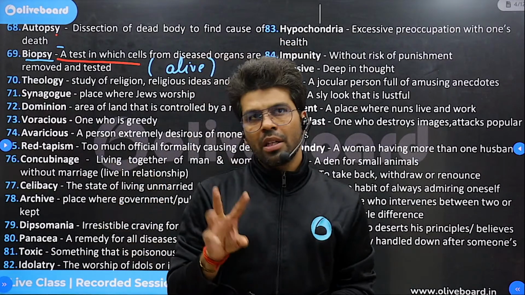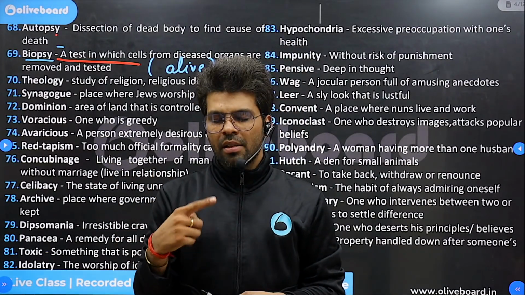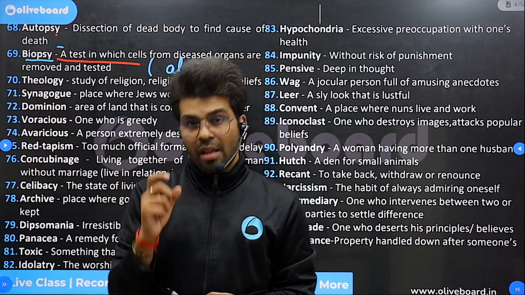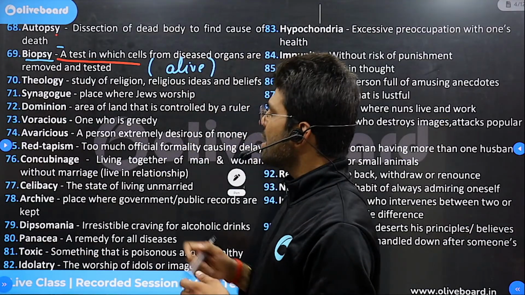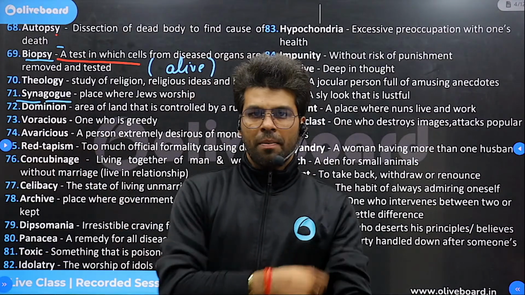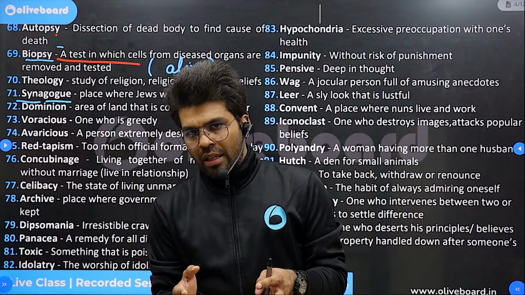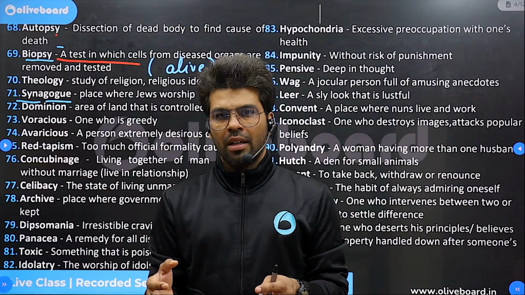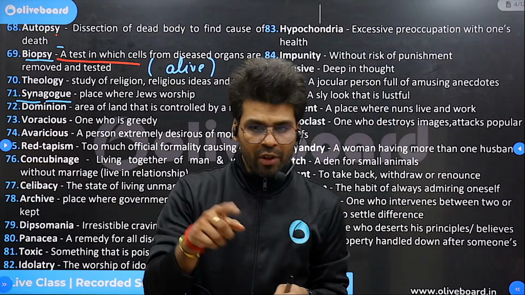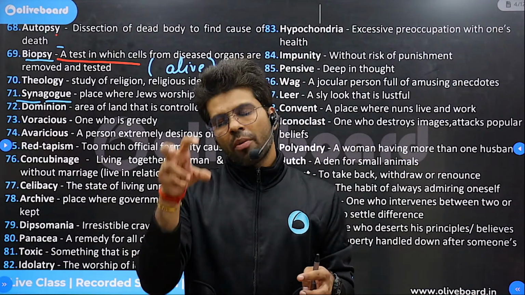Theology: theo, religion; logy, study. The study of religions, theology. Synagogue, from the root words sin and agogos. Sin means with, like synchronize, sympathy, yes, I'm with you. And agogos means a place of worship or to be together.